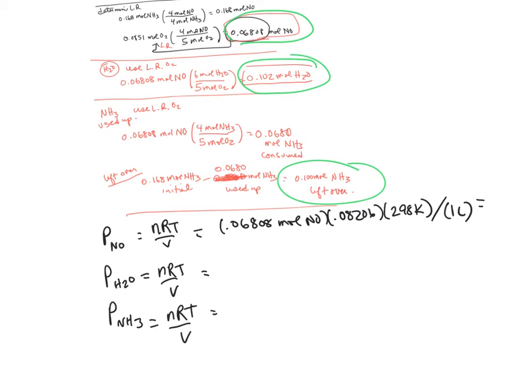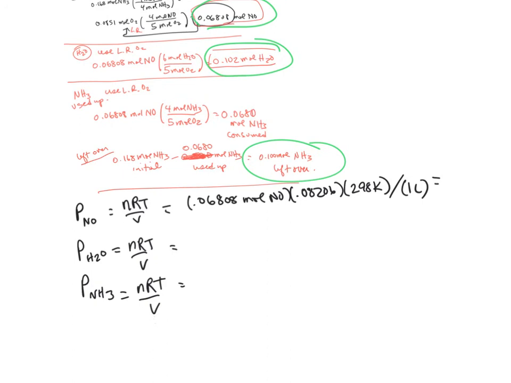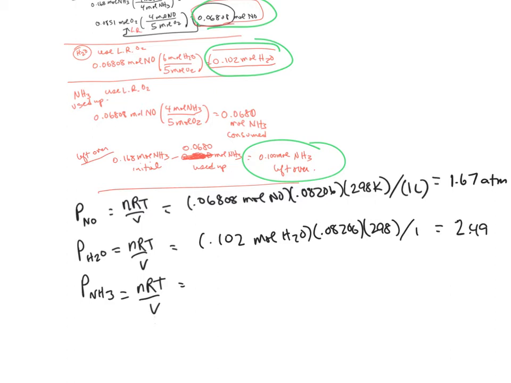So the partial pressure of NO is equal to 1.67 atmospheres. Okay, similarly for water, you have 0.102 moles of water times 0.08206 times 298 Kelvin divided by 1, and that is equal to 2.49 atmospheres.